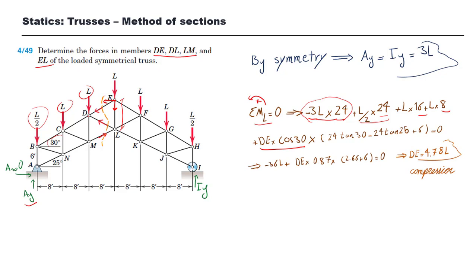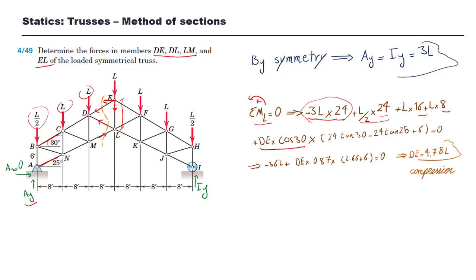In order to find this distance, it's important to know that it's not equal to 6 feet because these two lines are not parallel. One of them is 25 degrees and one of them is 30 degrees.